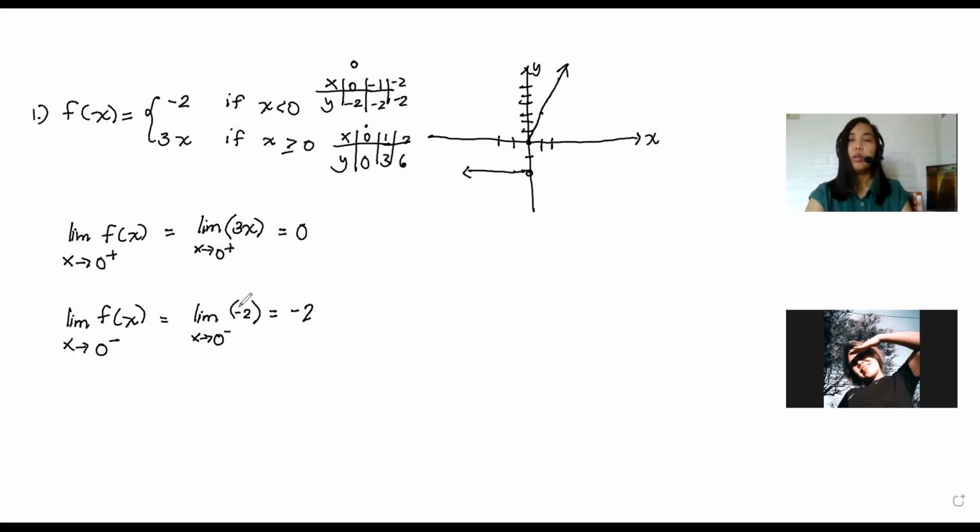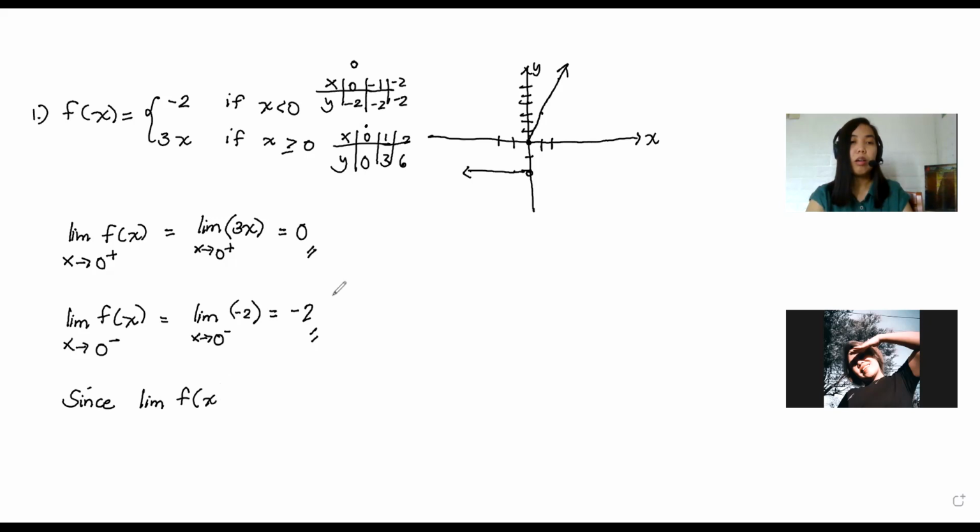We have this negative 2. The third condition: the limit of f of x as x approaches 0 from the right exists because we have a value, which is 0. The limit of f of x as x approaches 0 from the left also exists. But the third condition, are they equal? Are they equal, class? Obviously, they are not equal.